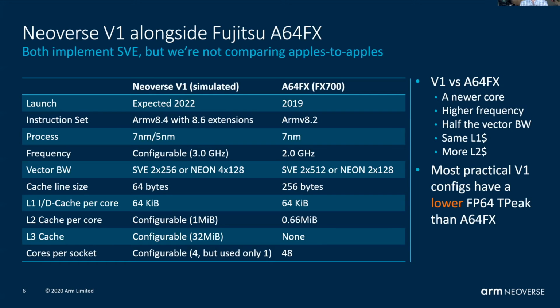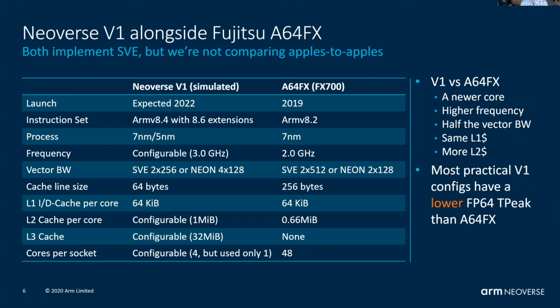The A64FX implements two 512-bit SVE units, so twice the peak performance of the V1 in terms of just sheer vector bandwidth, but it also only implements two Neon units per thread. So the Neon bandwidth is much less than the SVE bandwidth on this platform.